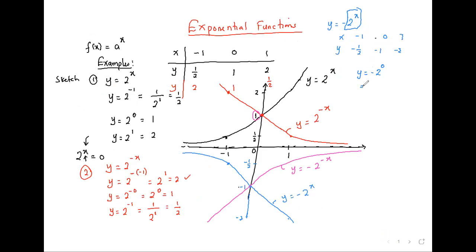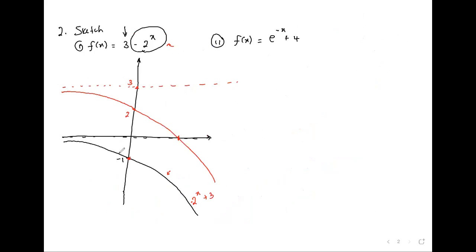But what do we know about 2 to the power 0? 2 to the power 0 is 1. Because the minus is not powered. The power is only for 2. So that's how we get the minus 1. So this minus 1 has helped us to sketch the graph because this is the intercept we have here. So here we haven't solved for it. We have just used it as a point that we know that this guy is going to cross the y-axis.